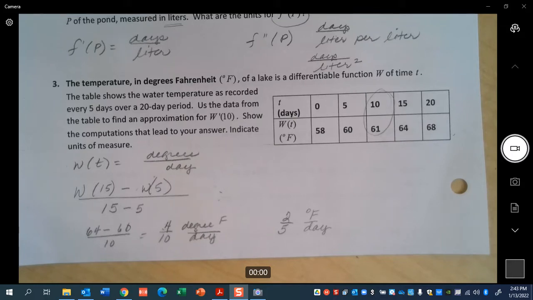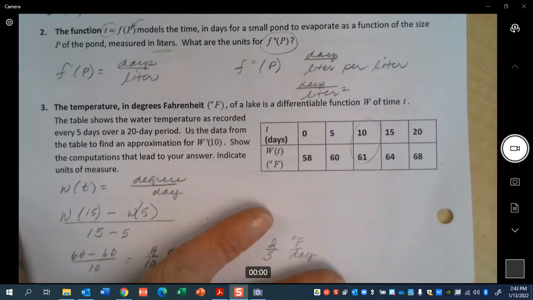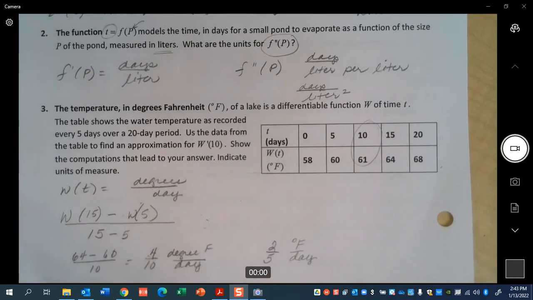So I'm measuring my degrees per day. Up here, I was measuring how many days per liter of water. So this days is up top. It all depends on your input and output. Does that make sense, Kara? Yeah.